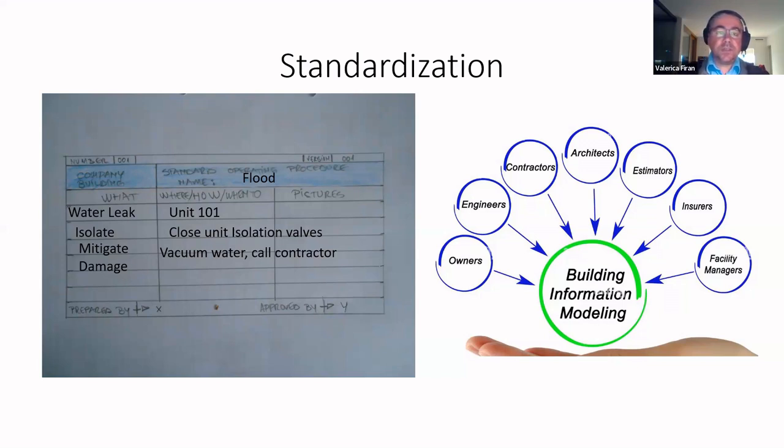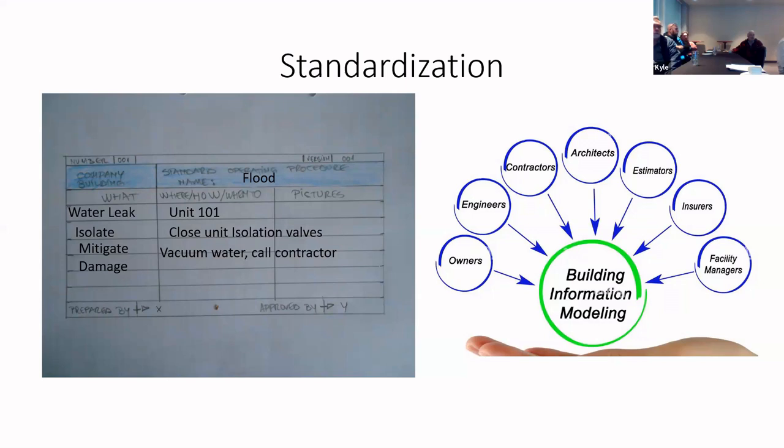So they each have to input their experience in order to make the SOP complete and better. It's important that we develop together as a team.